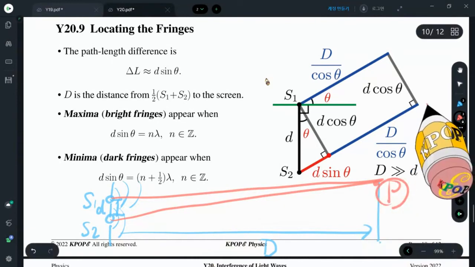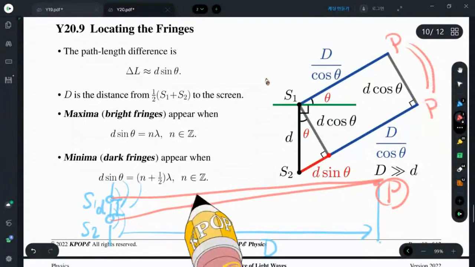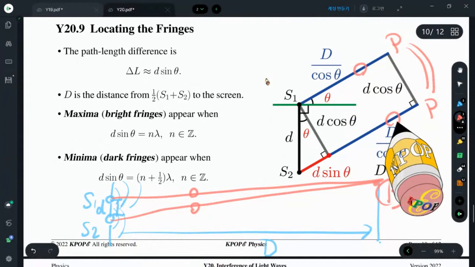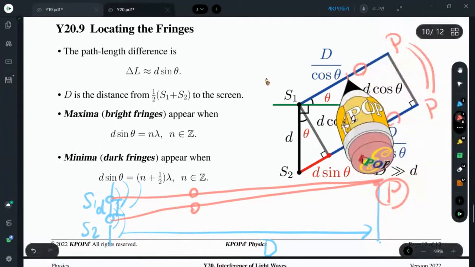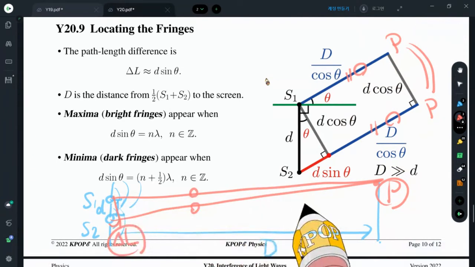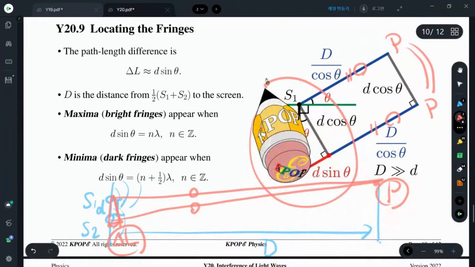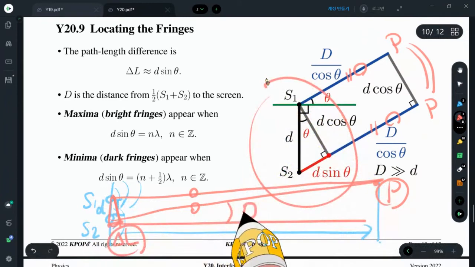This point P can be the same P as in here because these two lines are parallel. So forget about this part because they are of equal distance, and the tiny delta L is the path length difference between the two paths. This part is magnified in here, and the angle theta in here is identical to theta in here.